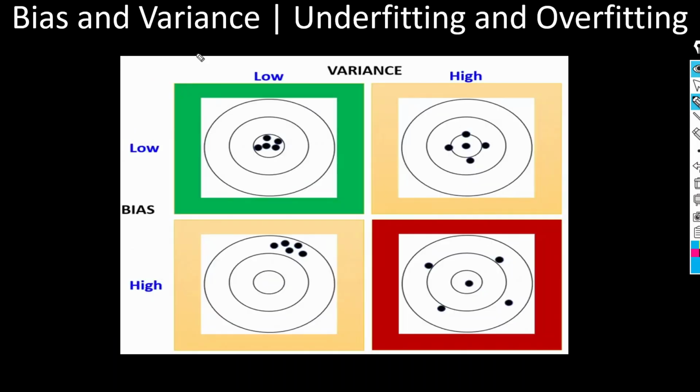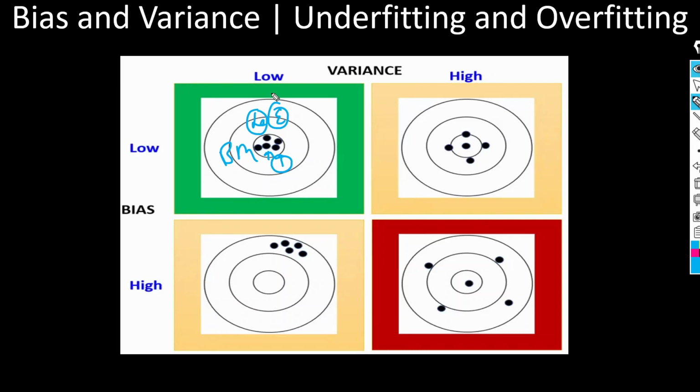Let's understand bias and variance, underfitting and overfitting by this particular image. If you see here, low bias and low variance, variance means less variability. Here, this is your target, we can say, or the actuality. So our prediction and the actuality are closer to each other, it means less error and also less variability between the training and testing. This is the best model.